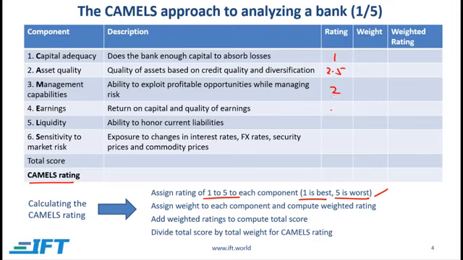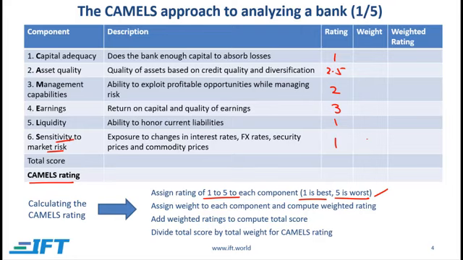The return on capital and quality of earnings is a little worse than average, so we assign 3. The ability to honor current liabilities or the liquidity position is really good, so we assign 1 over here. And let's say that the sensitivity to market risk is low, which is a good thing, and therefore we assign a 1 over here.